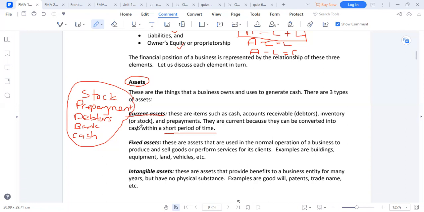Now you're confusing the term. Stationery is an ambiguous term. We can buy stationery like plain papers, pens. Those are expenses we use for running the business. But if you're talking about stationery meant for resale, like the printers, like the plain papers, they go into the category of stock.